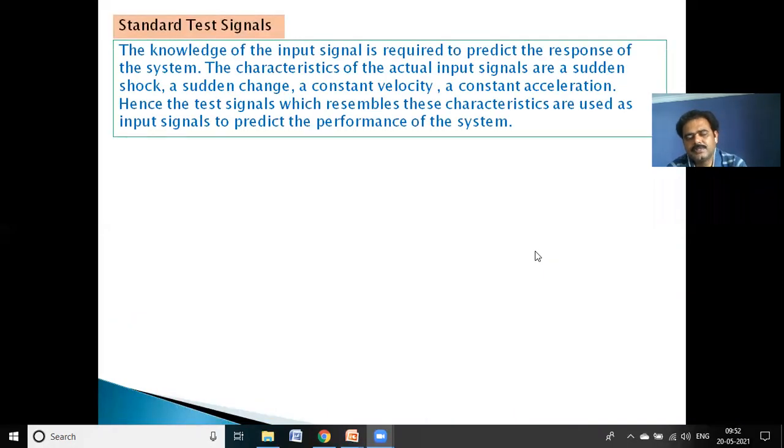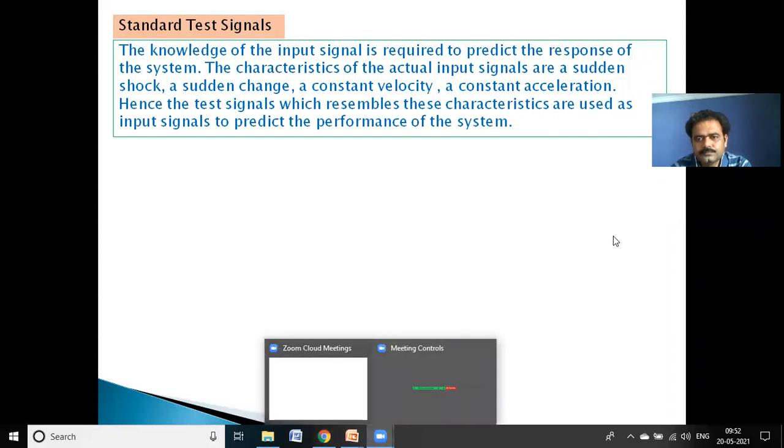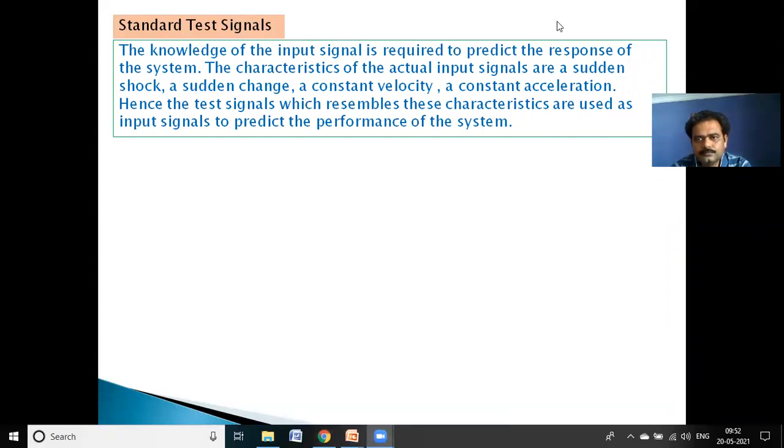Now, test signals. The knowledge of the input signal is required to predict the response of the system. We don't know the output value, so if we want to predict the output, knowledge of the input is very essential.